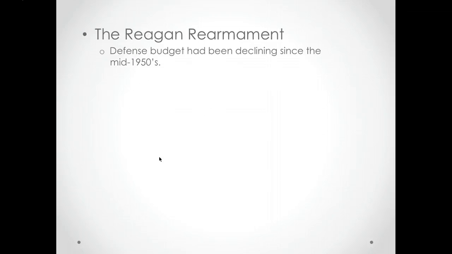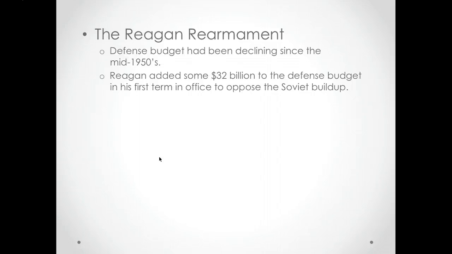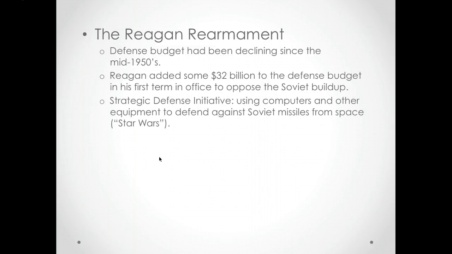This actually corresponds with something you already know about, which is Dwight Eisenhower and his warning on the military-industrial complex in his farewell address. Reagan adds some $32 billion to the defense budget, and it scares the Soviet Union, primarily through the use of something called the Strategic Defense Initiative, or Star Wars.